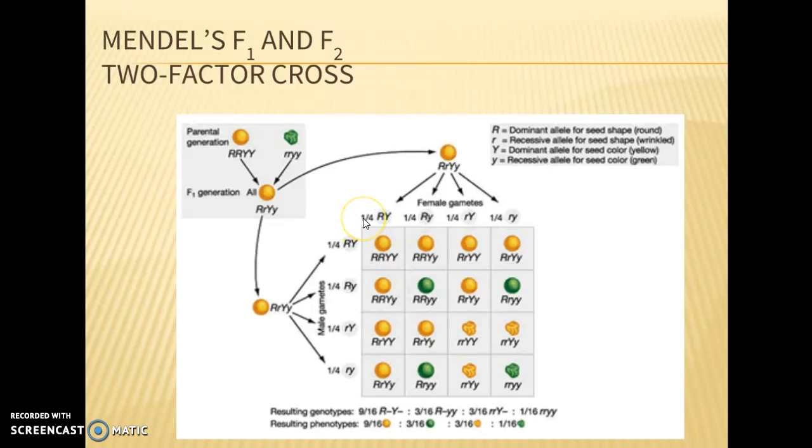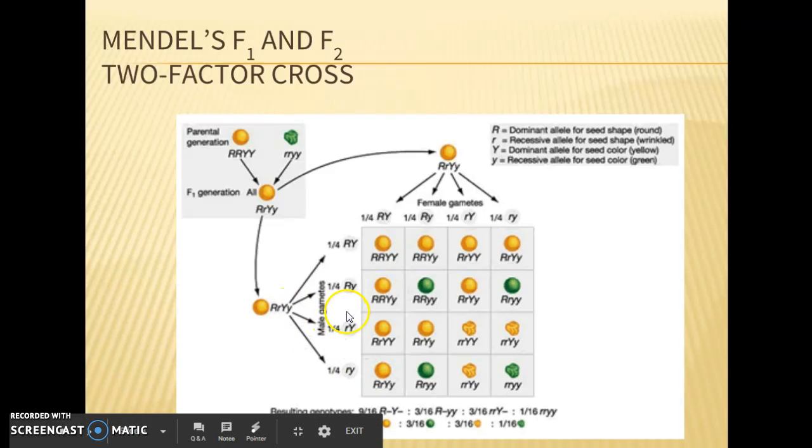All right. Remember, everything sorts independently. So we just take the R's from here and the Y from here, and then you work the FOIL method. RY, big R, big Y, big R, little y, little r, little y, little r, big Y. All right, and you see how those are sorted out? Same thing here.